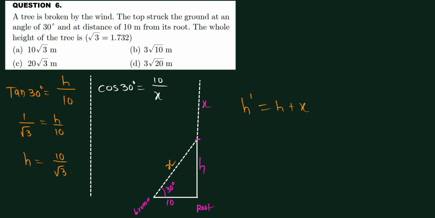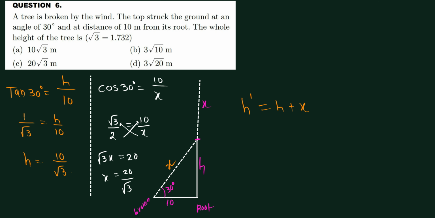Cos 30 value is root 3 by 2, equal to 10 by x. So you do the cross multiplication: root 3 x equals 20, then x equals 20 by root 3.